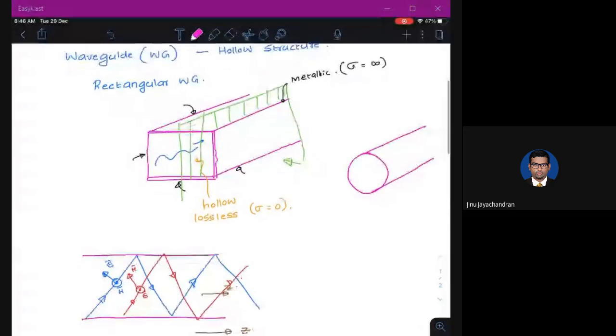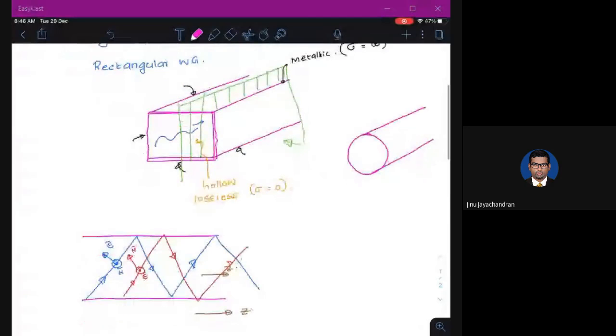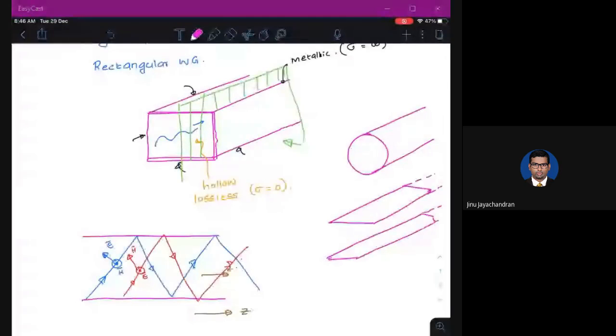Okay, and there is something called a parallel plate waveguide. So it is something like this. You have a plate like this, which goes to a very long distance, and there is another plate at the bottom. The wave will propagate in between these two plates, and there is no restriction of the wave in this direction.